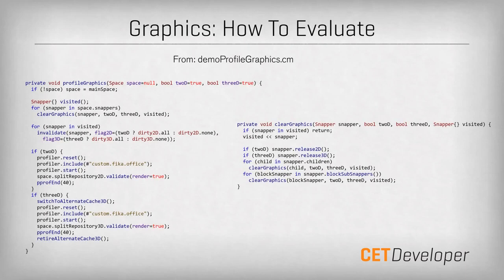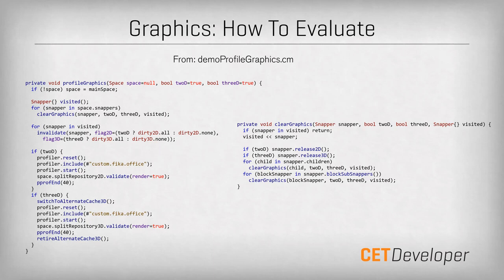To actually get a good metric, if you want to measure how well your graphics perform, it's actually a little bit difficult. There isn't a really good place in the code to just drop in like a profiler or some probes. So we have this code on screen. Don't worry too much about copying this code. It will be included in the code samples. But this is a helper function that we whipped up that you can drop in your profile or in your extension, wherever you want, and it will regenerate all of the 2D and or 3D graphics in the space.